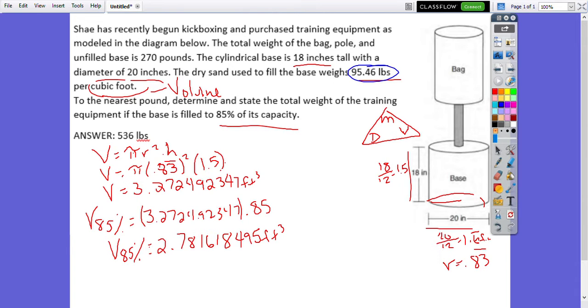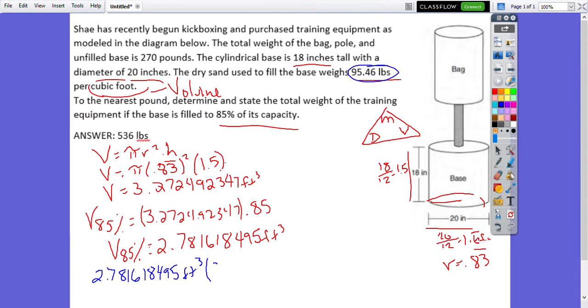So we'll switch colors here. Now what we're going to do is figure out how much that weighs. So the volume times 95.46: 2.781618495, and this is in feet cubed, so I'm going to show you what happens to the units here.